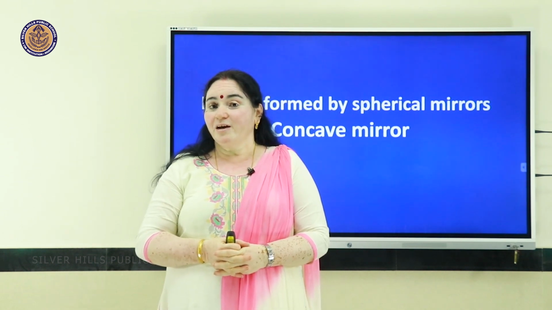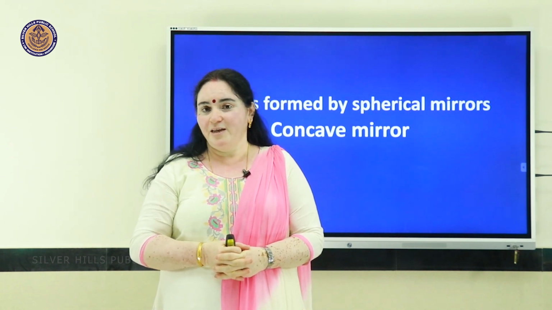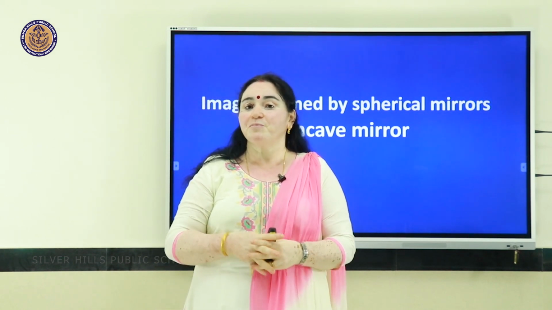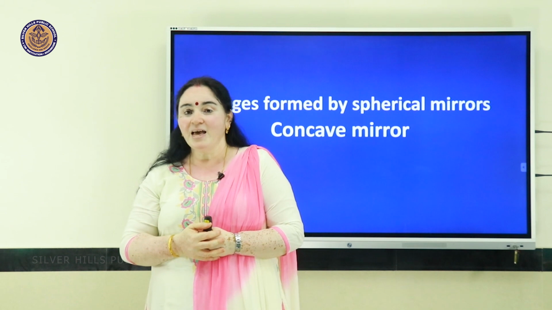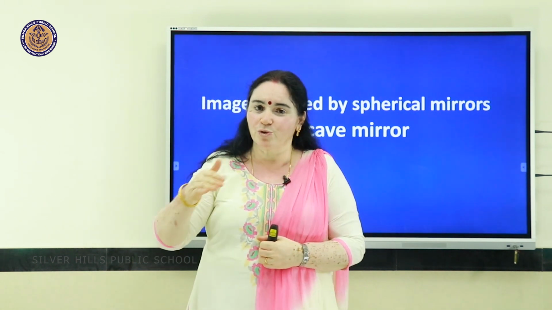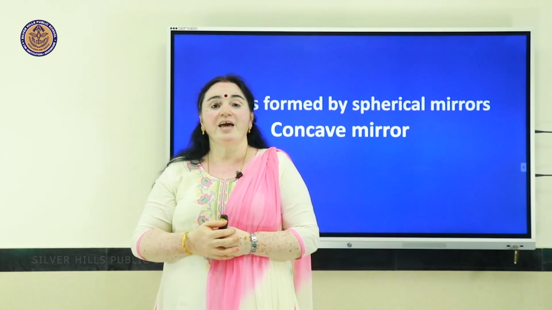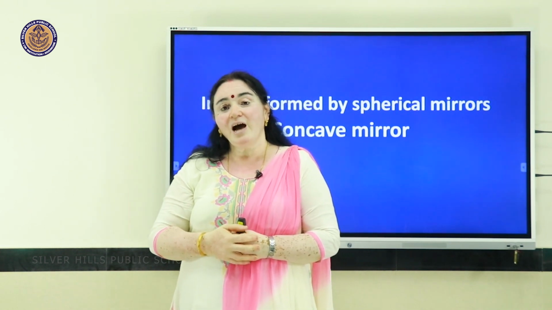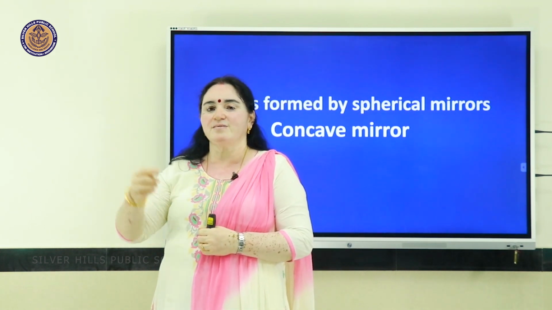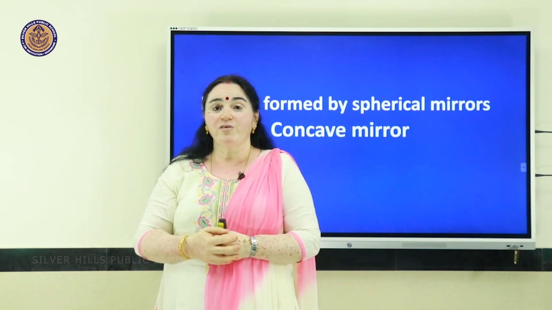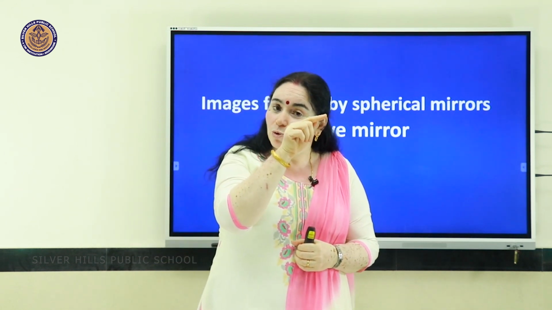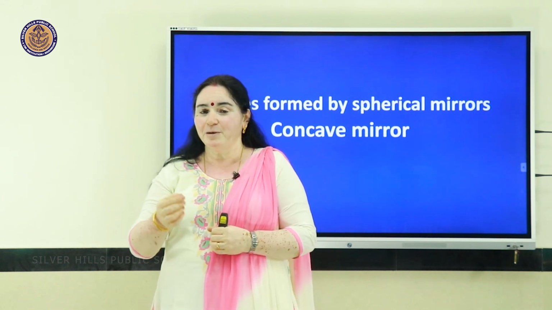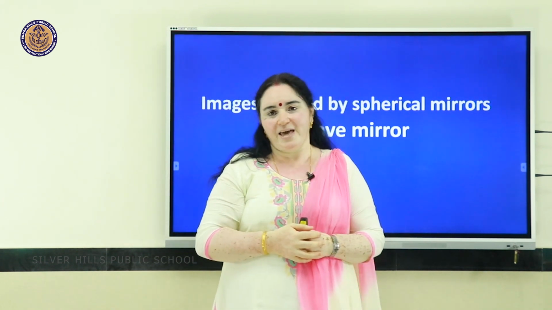Again, if you recapitulate on what we have learned in the last topic, the first rule was a ray of light that comes parallel to the principal axis after reflection passes through the focus. A ray of light that passes through the center of curvature of a concave mirror after reflection retraces the same path. A ray of light that is travelling through the focus of a concave mirror, after reflection becomes parallel to the principal axis.